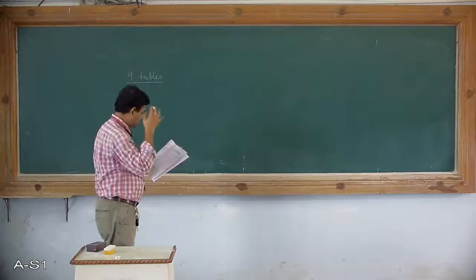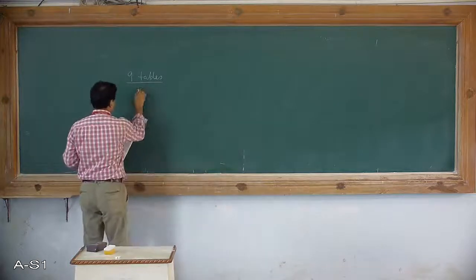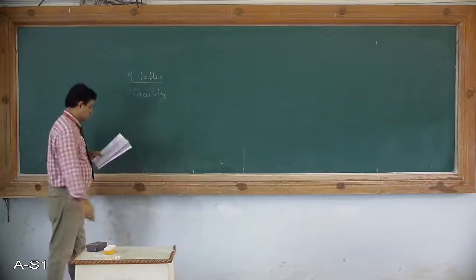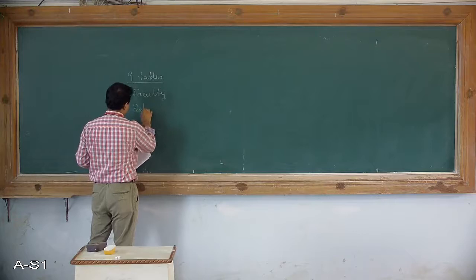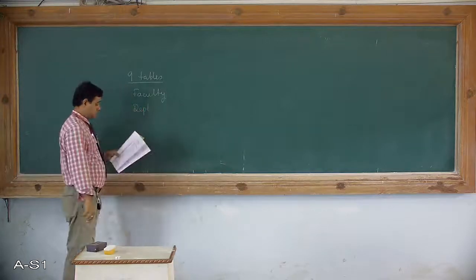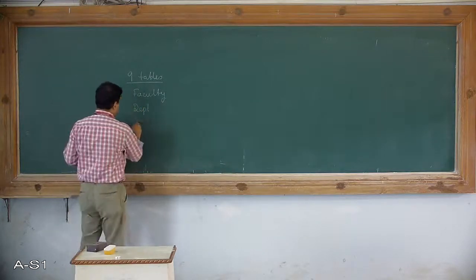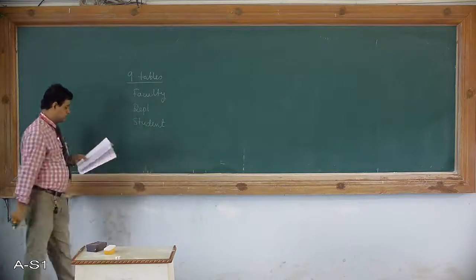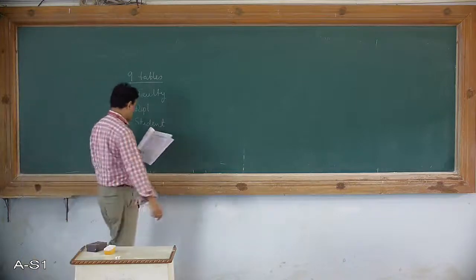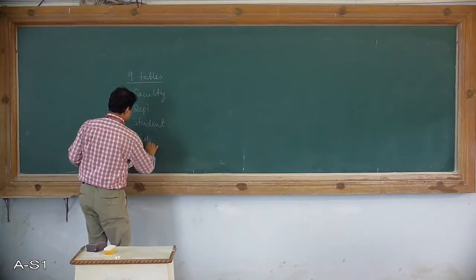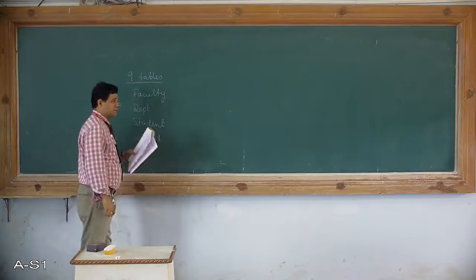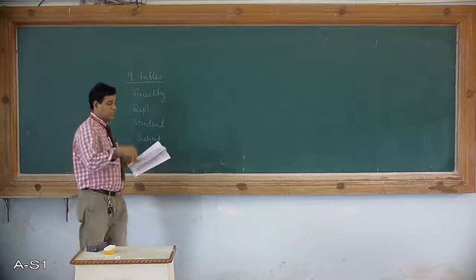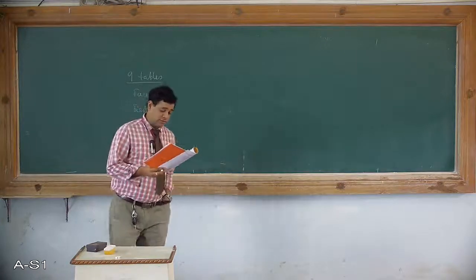One table is faculty, where all the faculty details are stored. Then department, where all the details with respect to the department are stored. Then student, where the details about the students are stored. Then subject, with the subject code, subject name and a type, for example whether it is a core or an elective, stored here.